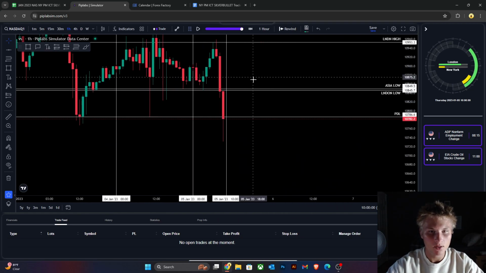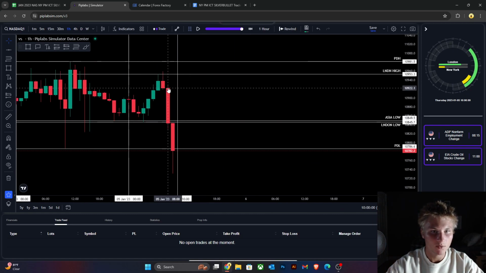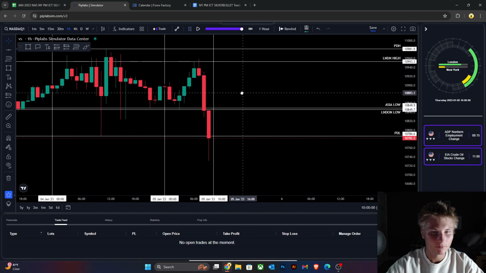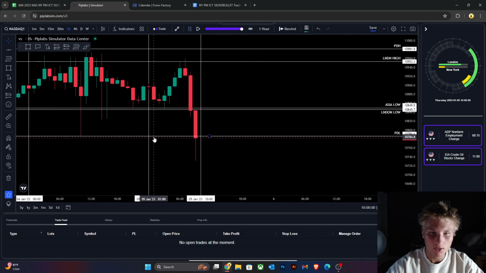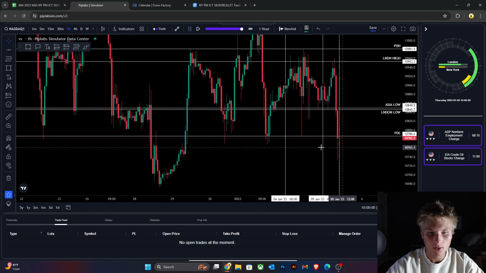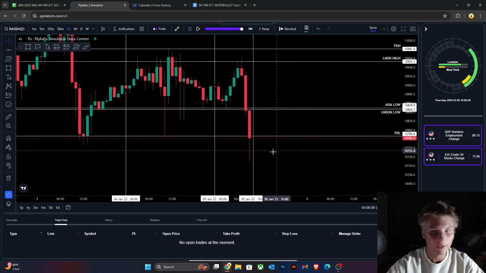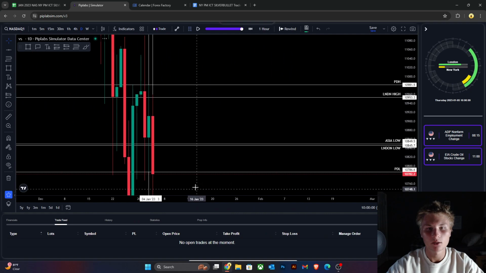But here looks like 1 hour broke structure to the downside. Some displacement right here, which gave a move down. But now we're raiding these previous day's lows. These equal lows down here are being raided. So a bullish move up could make a lot of sense here.